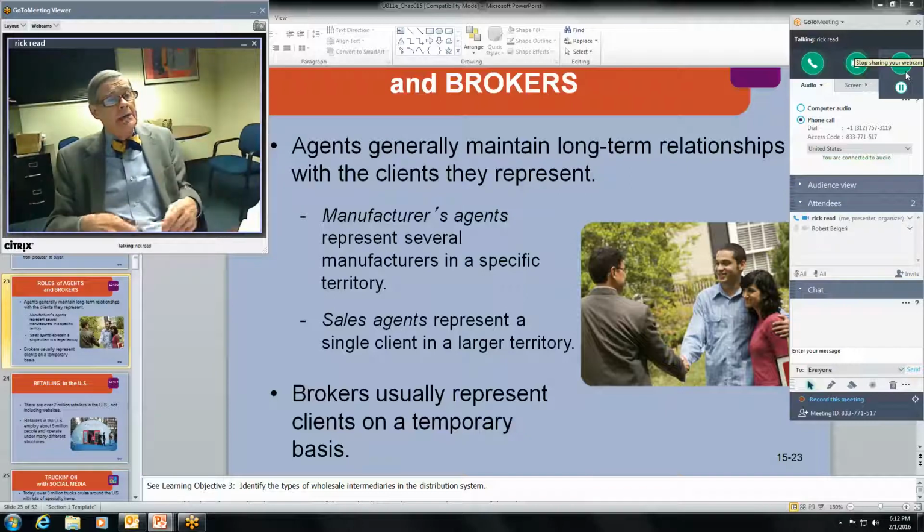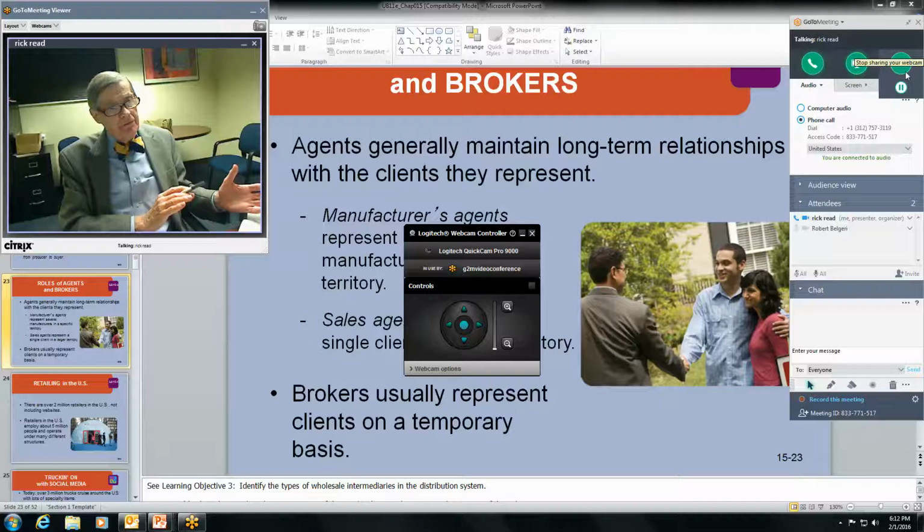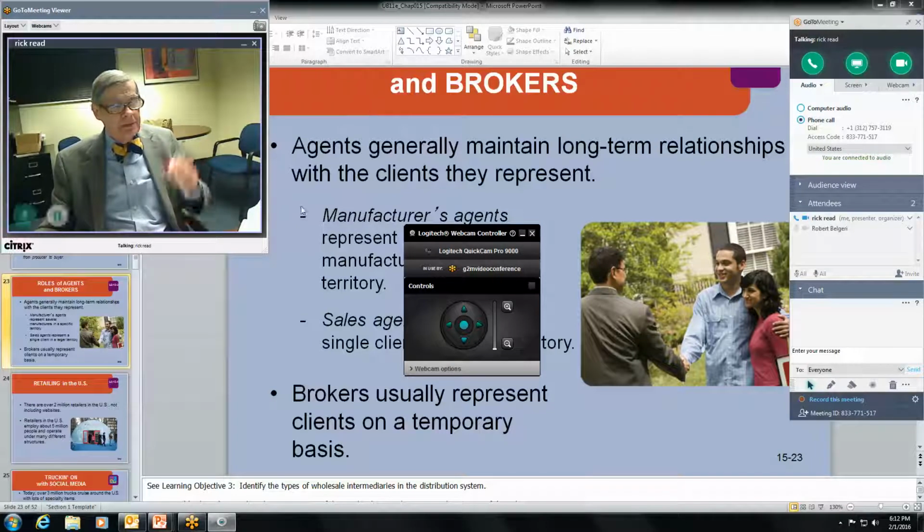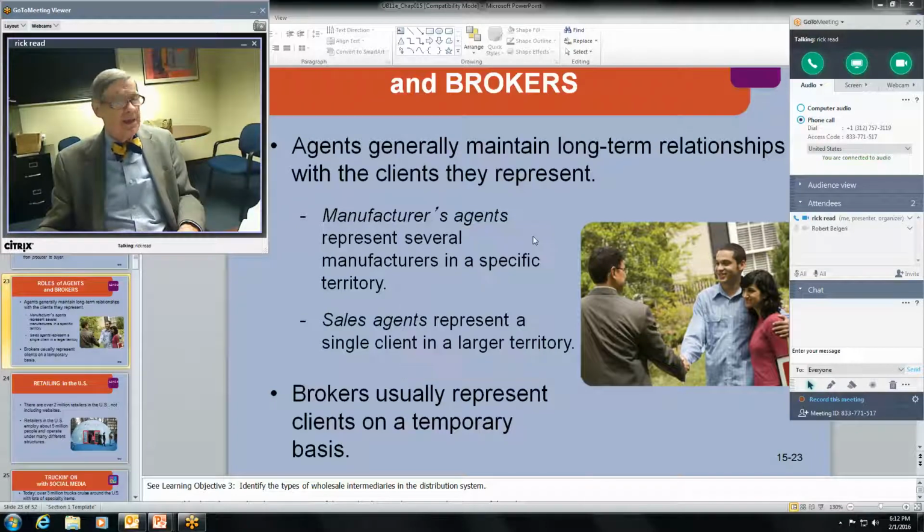And they many times represent more than one manufacturer in a given area. And a sales agent is a little bit different. And by the way, I didn't give the preface right. A manufacturer's agent, as opposed to a sales agent. A sales agent usually only represents one customer or one client, if that's a better term for you, in a given area.